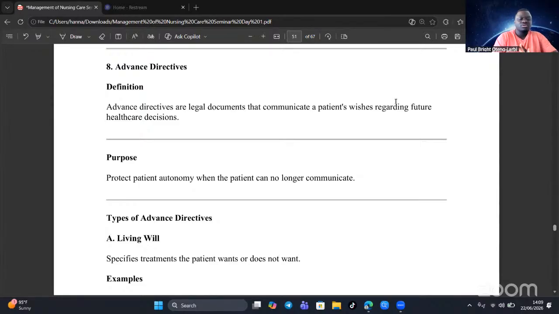I am giving all my power of attorney to this. I am giving my will to this. So the purpose of this advance directive is to protect patients' autonomy to make decisions when the patient can no longer communicate.